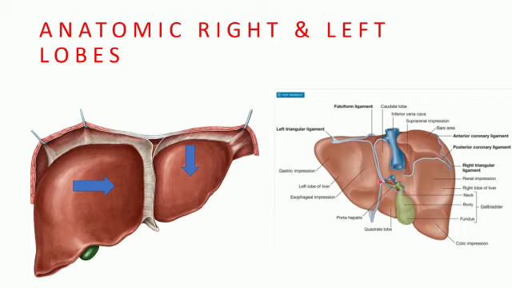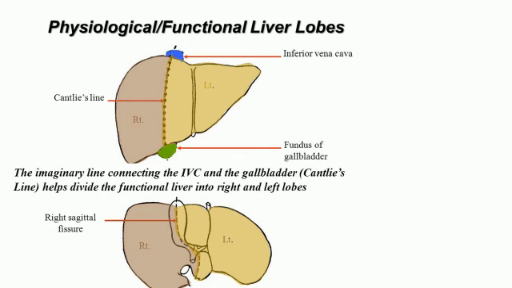Five-sixths of the liver is formed by the right lobe and one-sixth by the left lobe. So the right lobe of the liver is larger when compared with the left lobe.